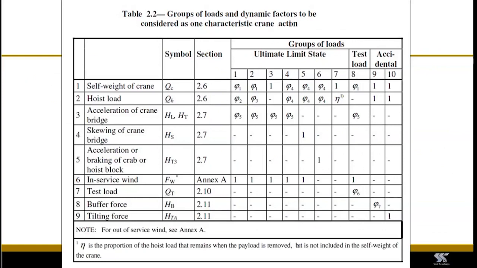And we end up with combinations of crane loads, so groups of loads in the ultimate limit state, with different types of loads across the top and the application of these different dynamic factors. So even before you start combining things with any other loads, it's a not insignificant issue.